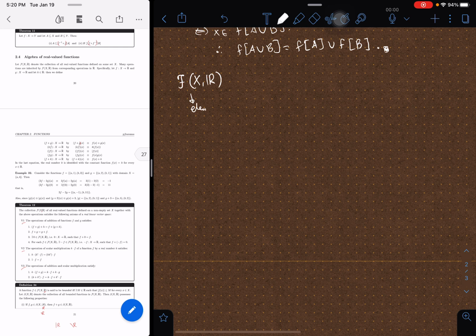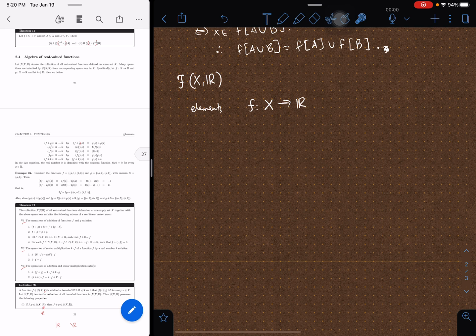What are its elements? F from X to R. So it should be a mapping from X to R. Whatever the rule, as long as the domain is X and the codomain is the set of real numbers, then that function F will be an element of script F of X comma R. We define this set of functions because we want to operate on functions.